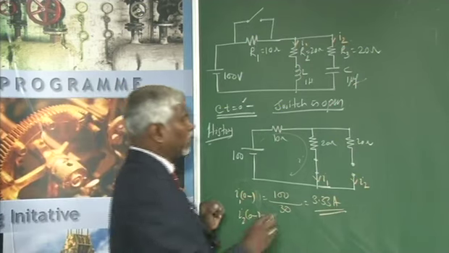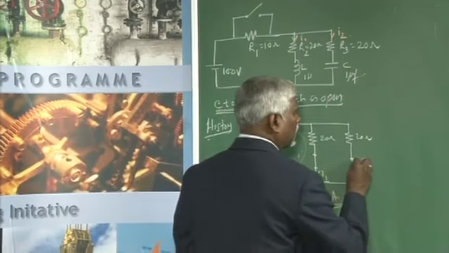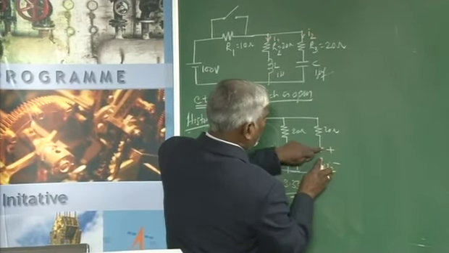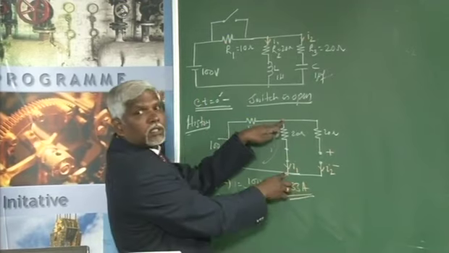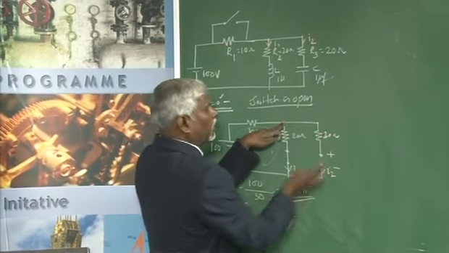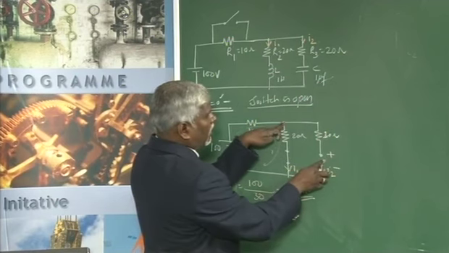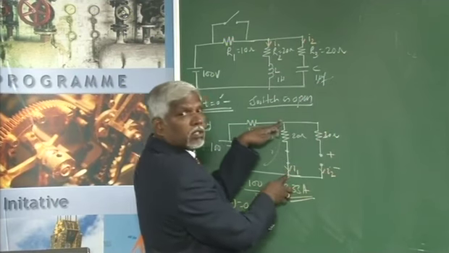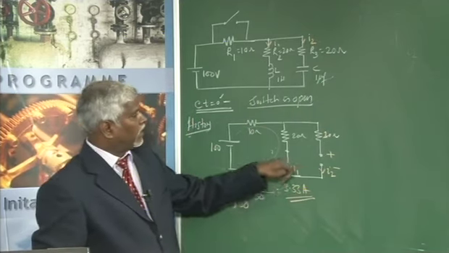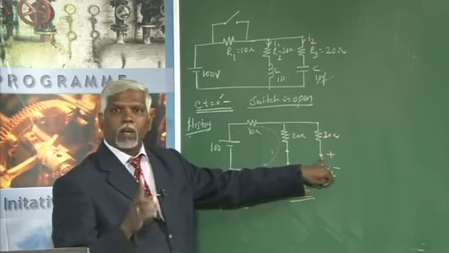What will be the voltage across the capacitor? This voltage across the capacitor will be nothing but the voltage across this branch. The current is 0, so the drop across this is 0, but this capacitor will have a voltage equal to the voltage across this. There is a current flowing through this, and the capacitor voltage will not be 0.